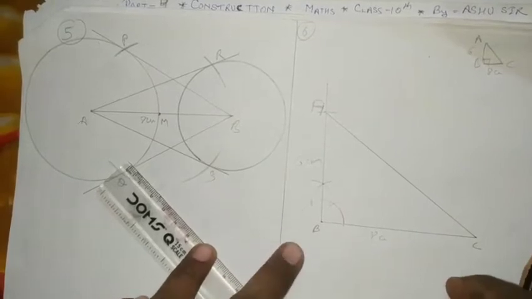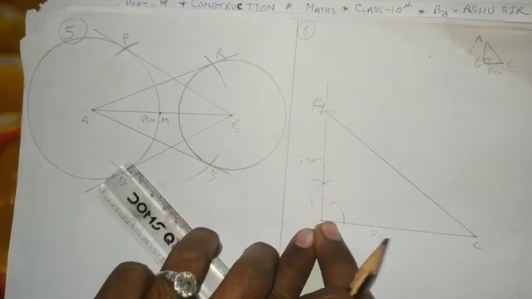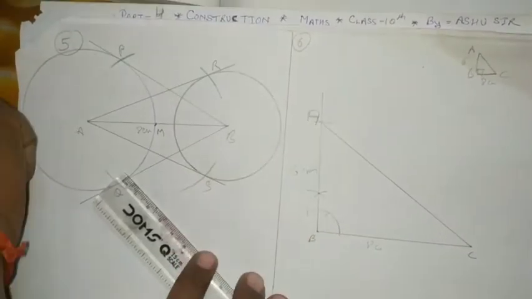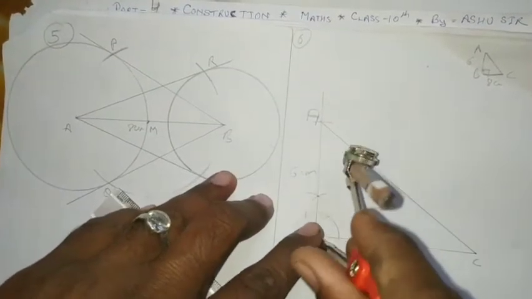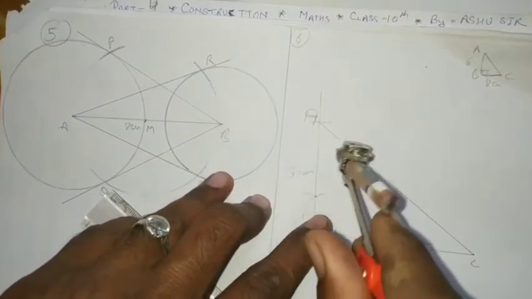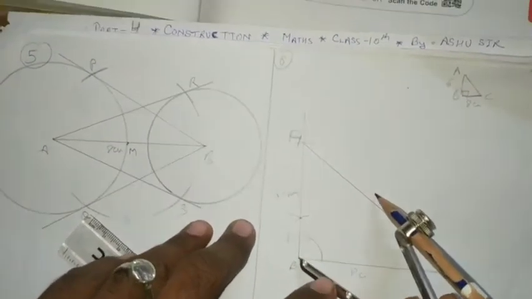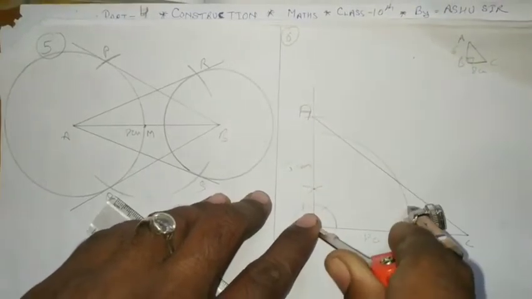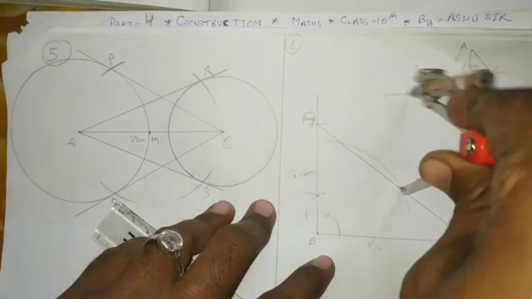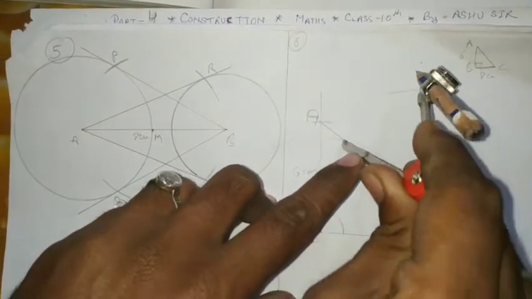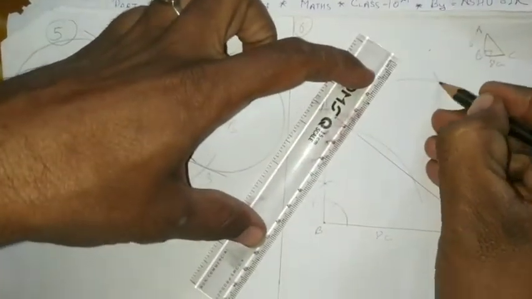Then the question wants BD perpendicular from B on AC, means from B, the external point, a perpendicular is drawn on AC. So for the perpendicular, with B as center, taking a radius just a little more than the distance to AC, you get 2 points. Then cut outside, so you get another point.